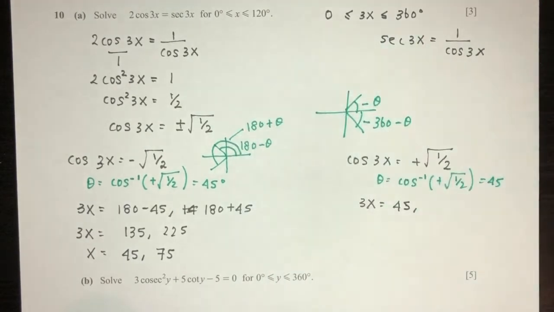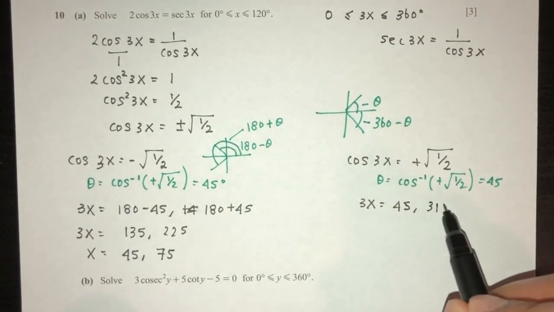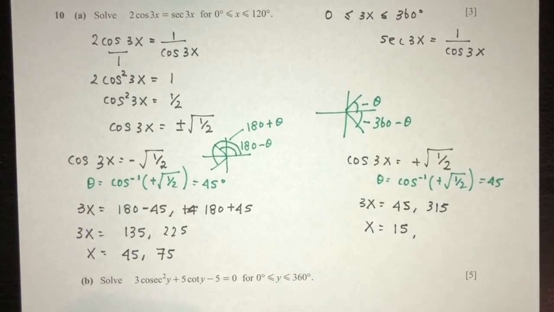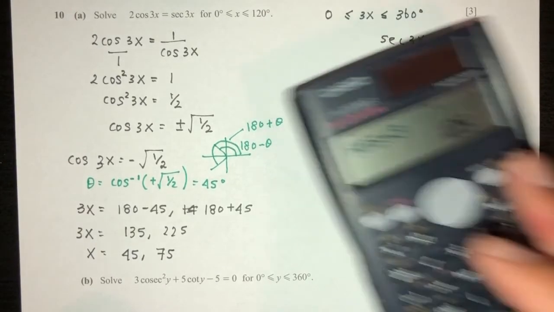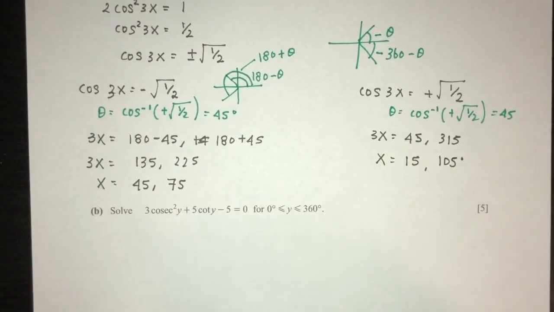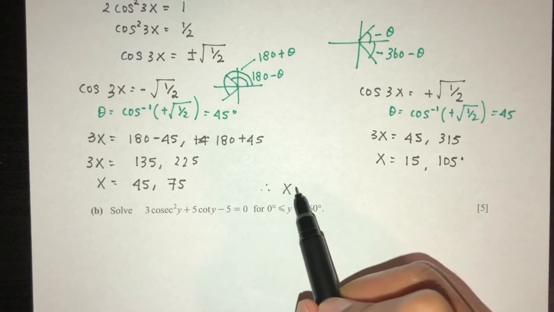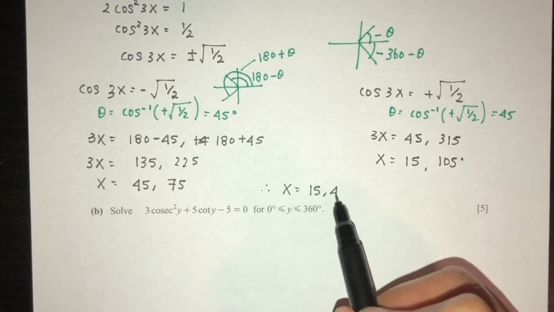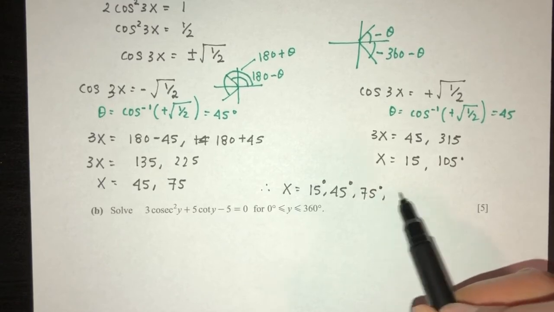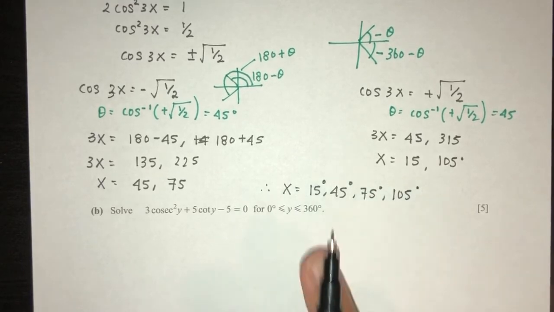That should be 315. So your values of x could be 15, and it could be 105. Okay, so this is your answer. So x can be 15, 45, 75, and 105. So you have 4 answers for part 1.